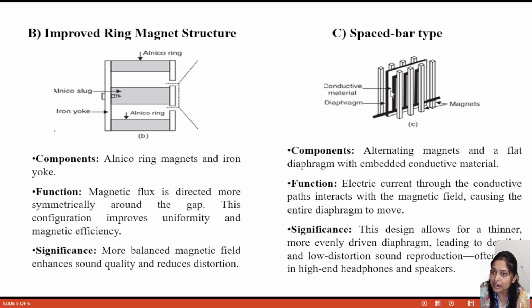So when electrical current passes through this diaphragm, as it is made of conducting material, it interacts with the magnetic field, causing the entire diaphragm to move. Significance: this design allows for a thinner, more evenly driven diaphragm, leading to detailed and low distortion sound production. So these are the main parts of the permanent magnet.